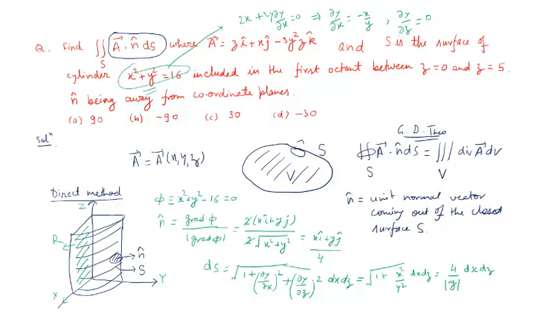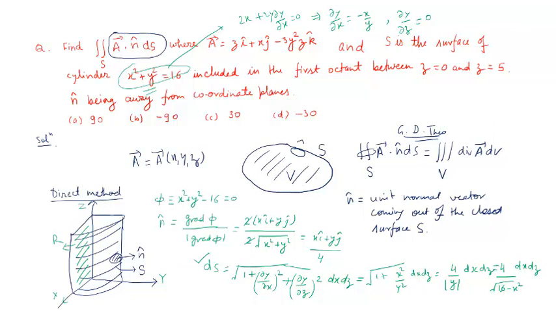Mod y gives us the positive value of y, and if we solve x square plus y square equal to 16 for y, we get y is equal to plus minus square root of 16 minus x square. So we take the positive square root, and we get y as square root of 16 minus x square. So we can write here 4 upon square root of 16 minus x square into dx into dz.